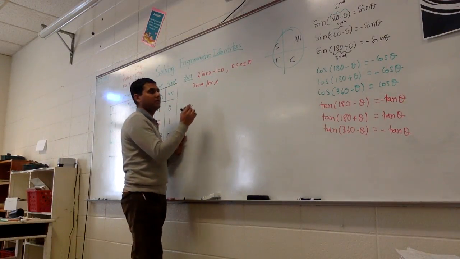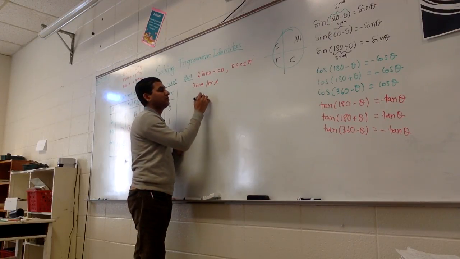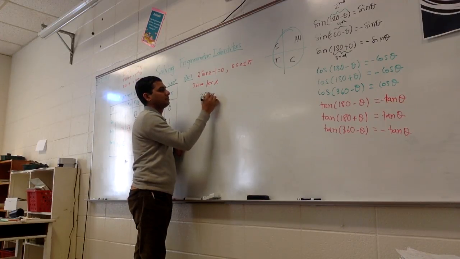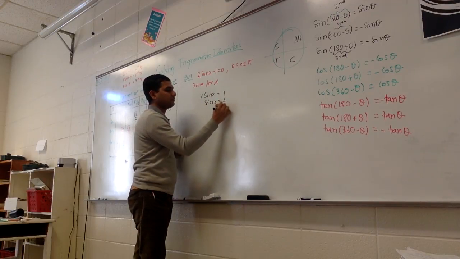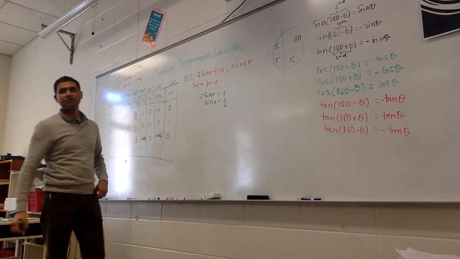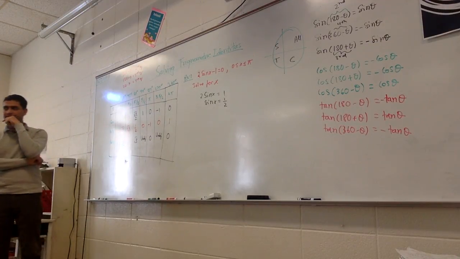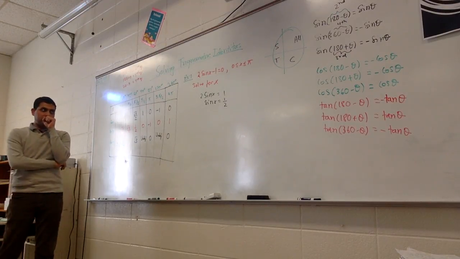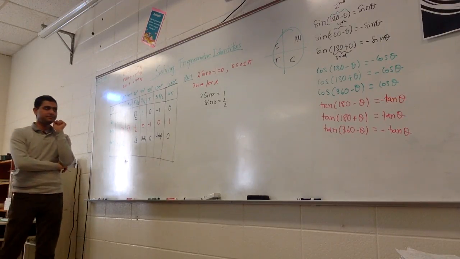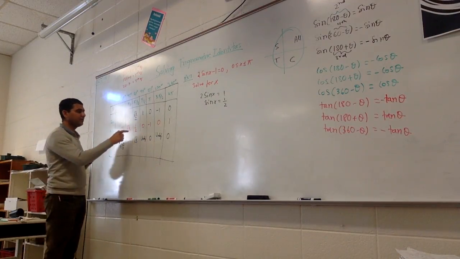First of all, you solve for sin x. You'll get sin x is equal to 1/2. That's the first thing. Then you're going to look for this 1/2 value in your table.